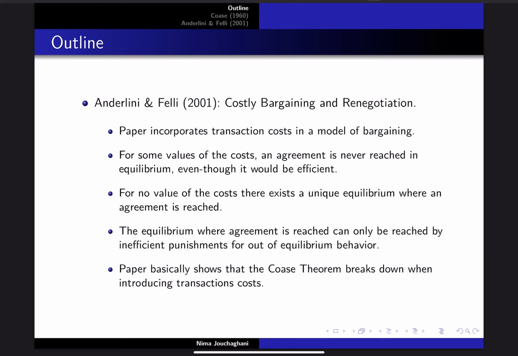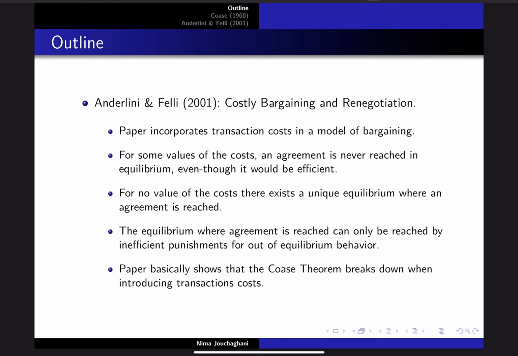Typically, what people then do is use some equilibrium refinement concept in order to argue that this kind of refinement is appropriate for the question that we're trying to answer. If it drops out some of the equilibria, then you would end up with a unique equilibrium. That's the way that you typically get rid of multiple equilibria. But as we will see, it's very difficult to establish uniqueness of an efficient outcome.